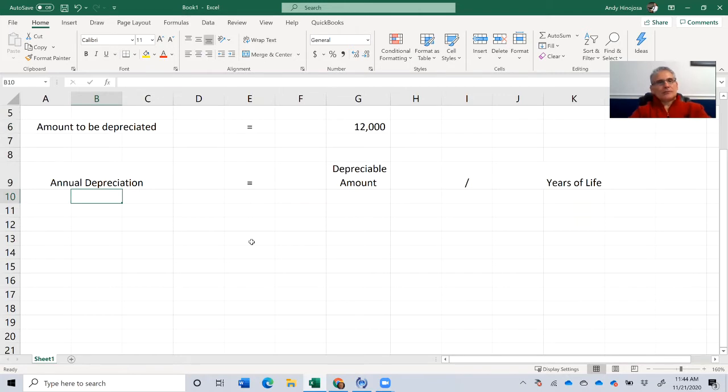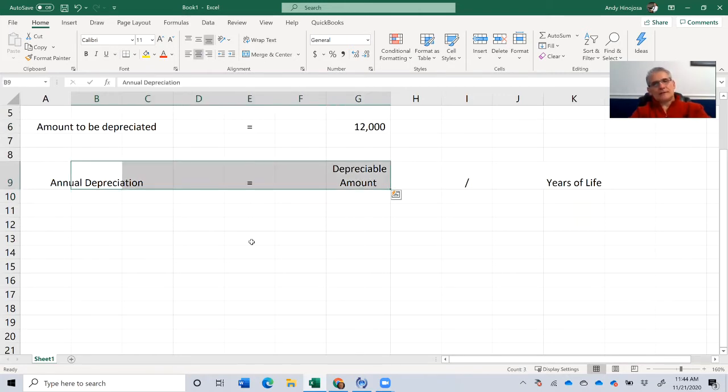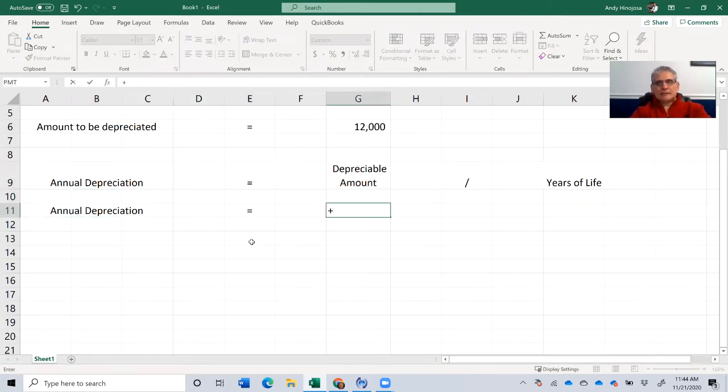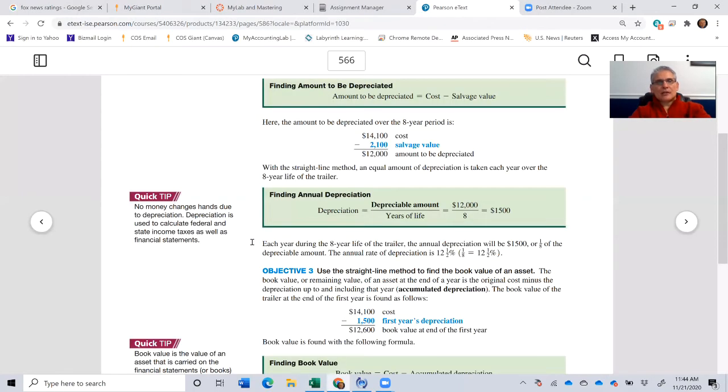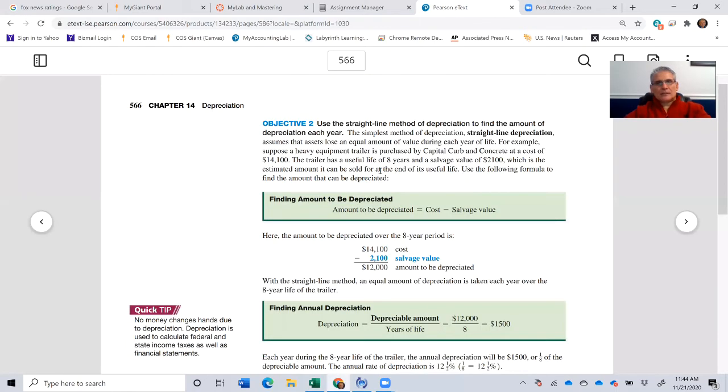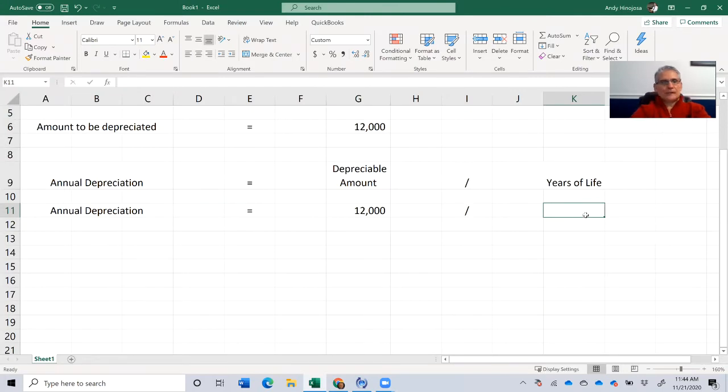All right, so let's go ahead and go through this process. Depreciable amount is $12,000. We computed that in the previous example. We're going to divide that by the years of life. Let's see, what are the years of life here? Years of life, it's a useful life of 8 years. I'm not quite sure why they just don't call it useful life too, but years of life and useful life appear to be the same.